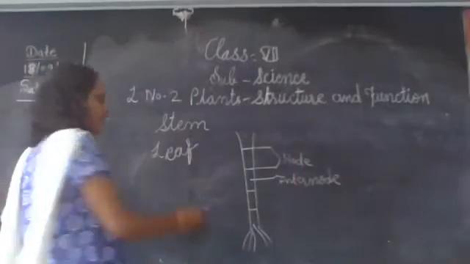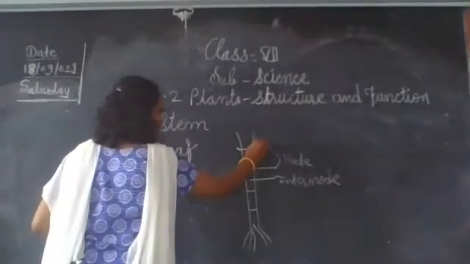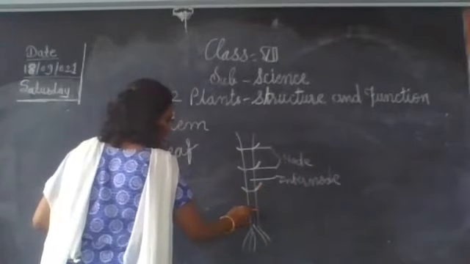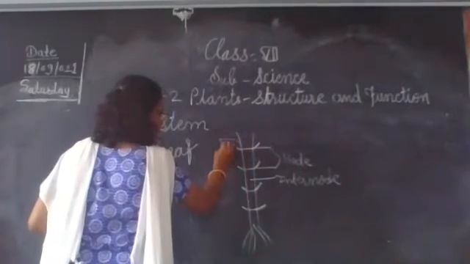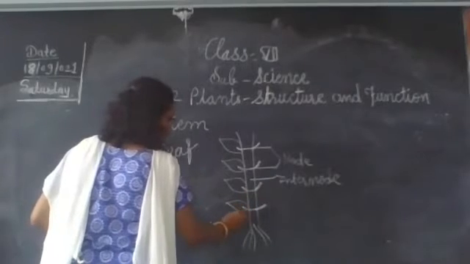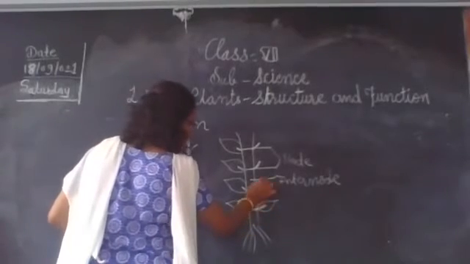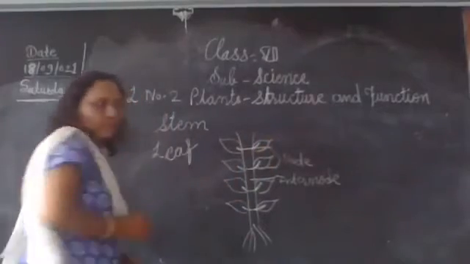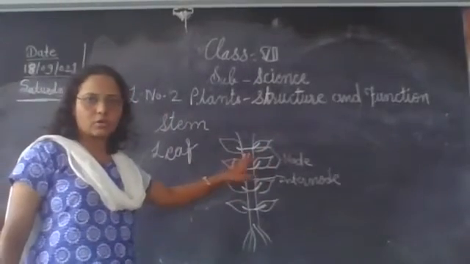From this nodal region, the leaves arise. Leaves come out from the nodal region on both sides. This is the basic structure of the stem.